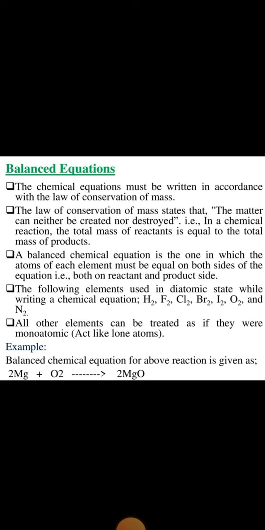It can only be converted from one form to another, as you all know. So how can you prove the law of conservation of mass in a chemical reaction? Here you can see the total mass of the reactants. The number of atoms participating in the reactants is always equal to that of the products. In this way you can prove the law of conservation of mass.